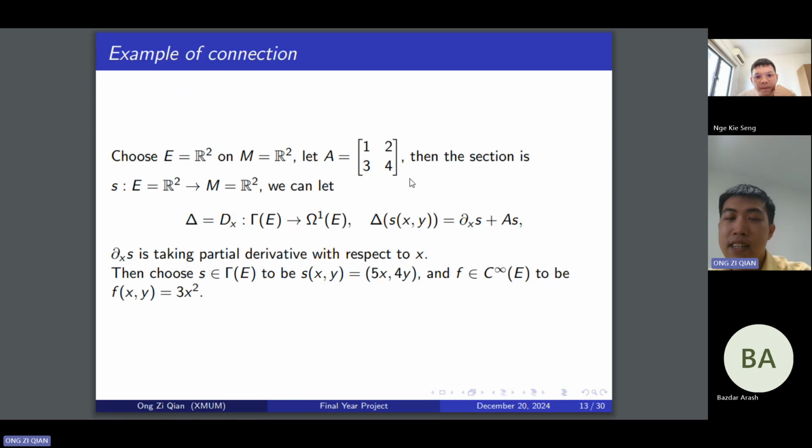In the reference, there is one theorem saying that given any matrix, we can have a connection by defining delta to be the gradient taken on x, s plus the matrix multiplied by s. So we don't need the matrix to be in GL2 or anything?